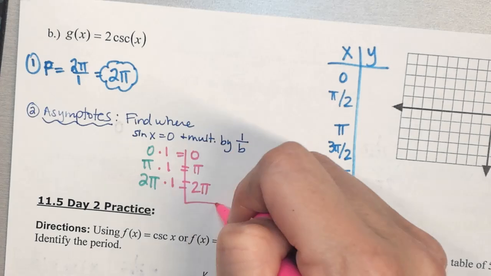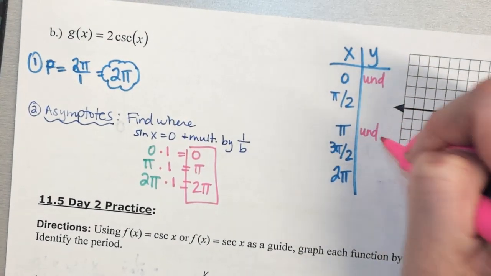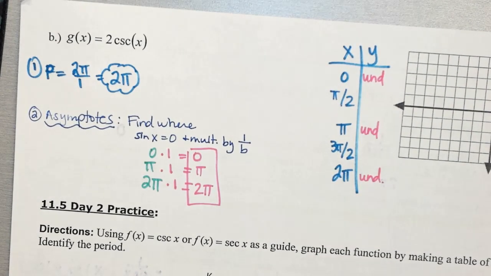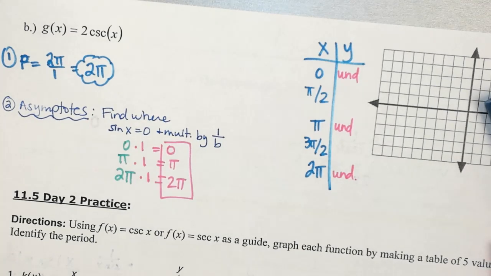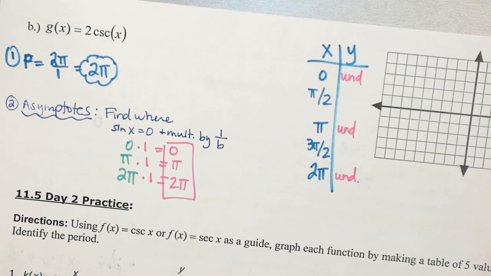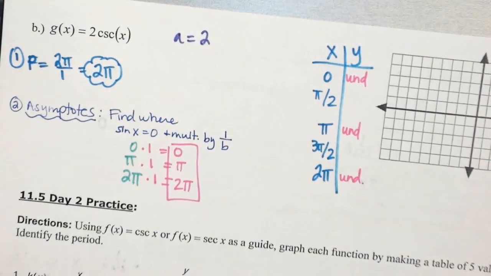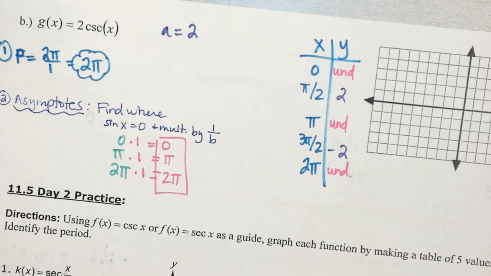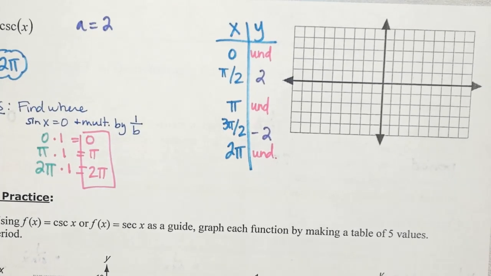That means these are where you're undefined. So this is undefined, and this is undefined. Then if you do not have a negative, your a value is 2. The opposite is going to be negative 2, and that's where you can fill in your other values.